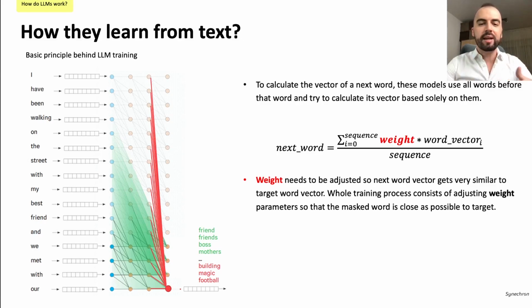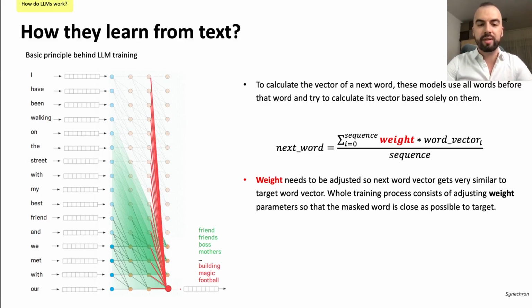So model is reading billions of sentences and trying to figure out how words on the left affect the word that should be predicted. ChatGPT has around 170 billion parameters, so it's a huge amount of these weights that need to be adjusted, and it's a very complex process, either from computational power and also from the data perspective.